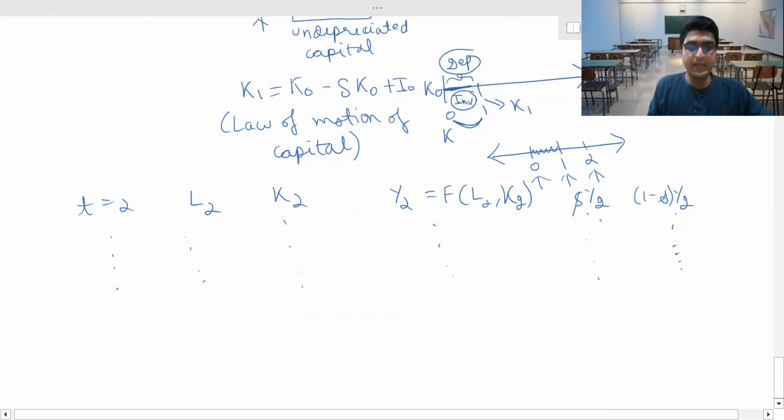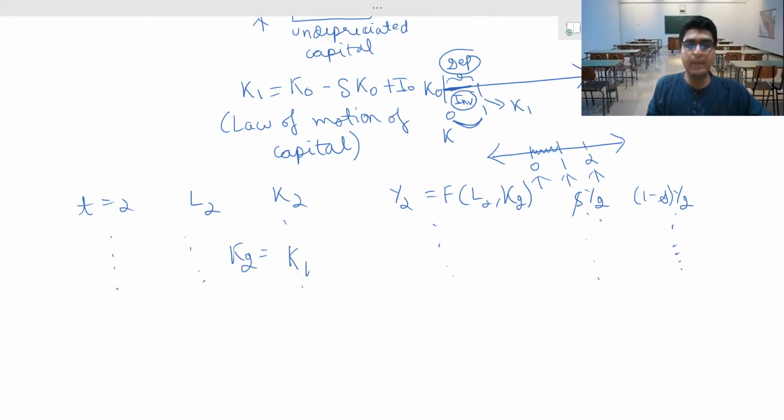Let's also talk about K2. What will K2 be? You have some amount of capital in time period 1, then some of that gets depreciated, and then you also do some investment in that time period, and all of that adds up to capital at time period 2.